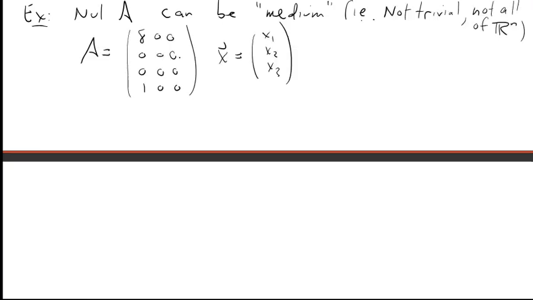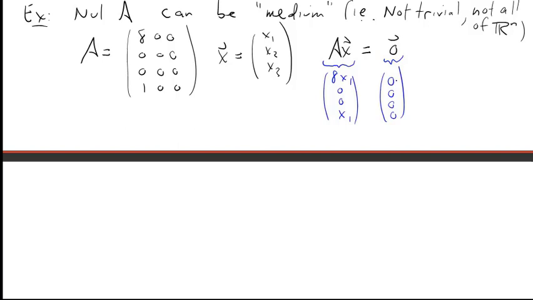Let's look at an example of a medium-sized null space. Not the entire space, but not trivial. Here's our matrix and a general vector in R^3. Ax = 0 means we'll compute A times x, and we get this vector. And for that to be equal to 0, that means that x1 has to be 0.